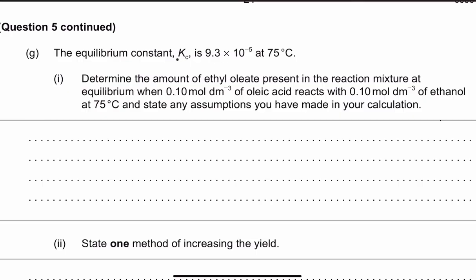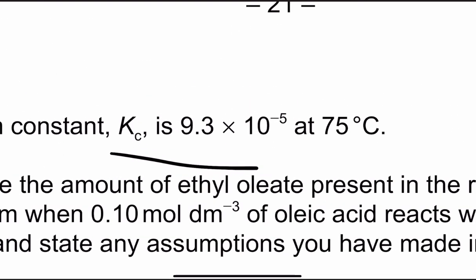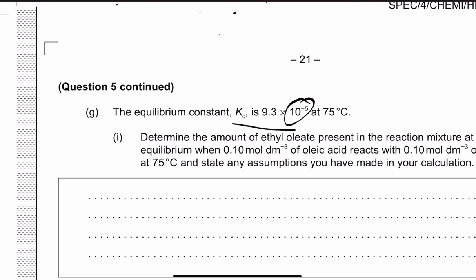We first look at our Kc. You can see that it's very small, it has a times 10 to the minus 5. That indicates that the reaction strongly favors the reactants. Essentially, it's not going to progress very far in the forward direction. So there'll be a very negligible change in the concentration of reactants.